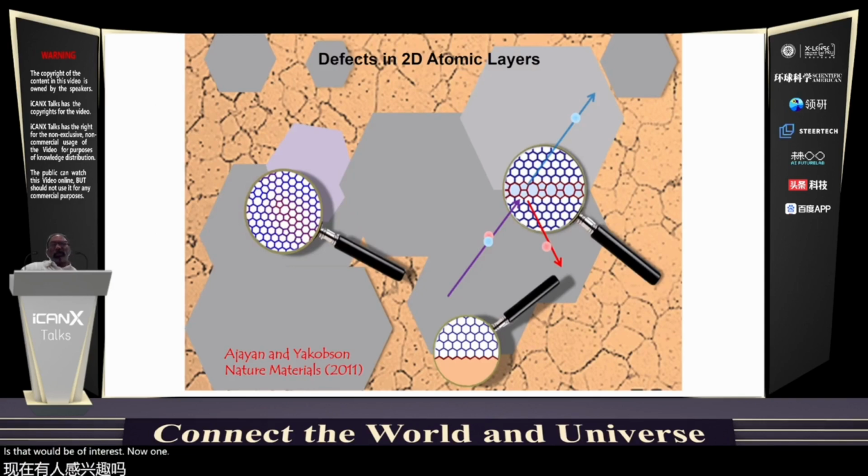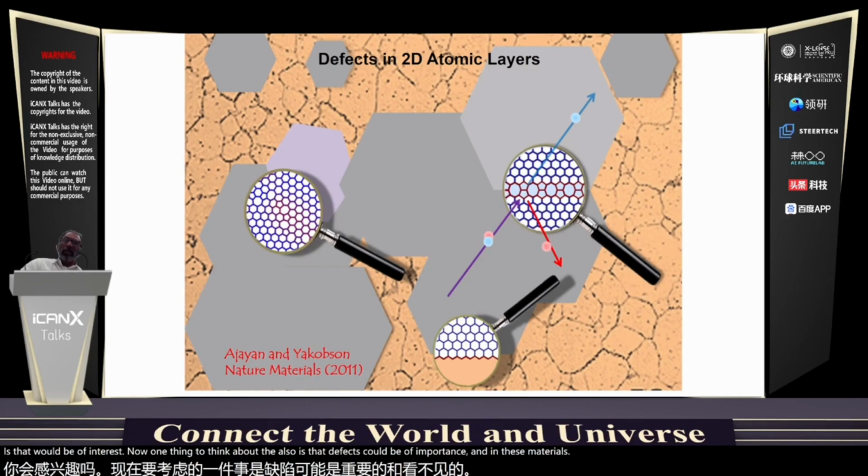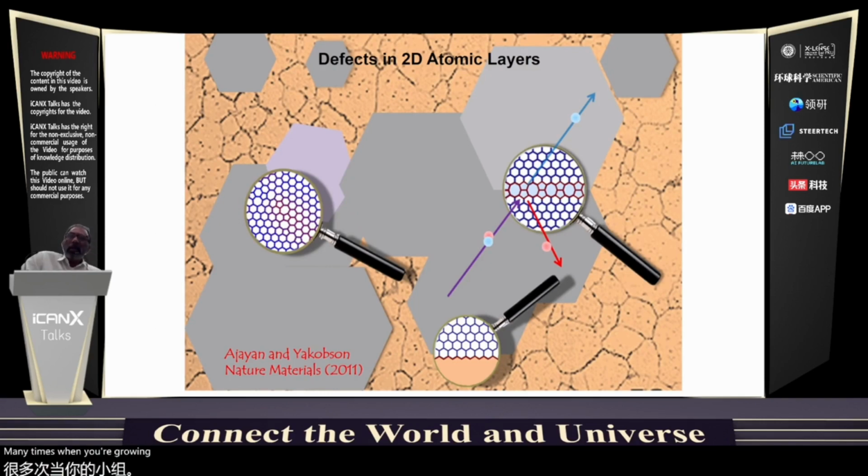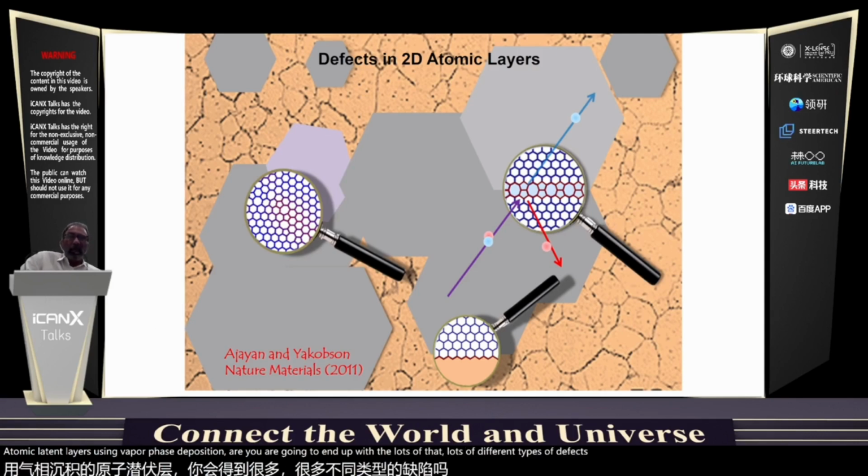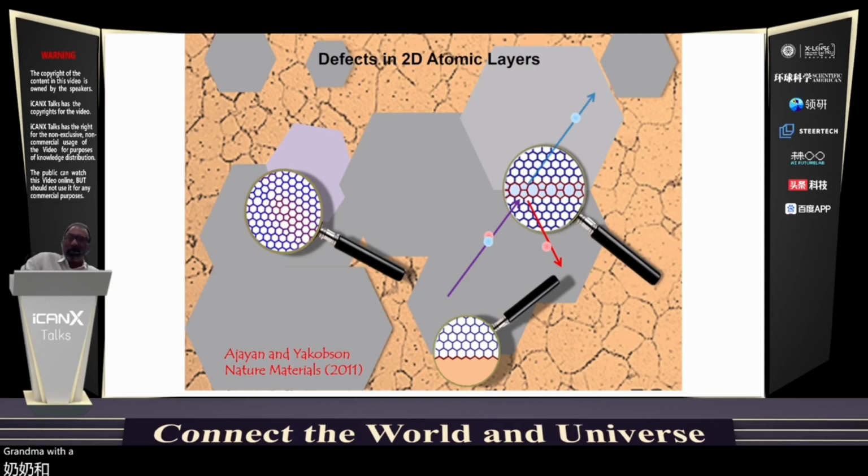Now, one thing to think about also is that defects could be of importance in these materials. Many times when you're growing atomically thin layers using vapor phase deposition, you are going to end up with lots of different types of defects, grain boundaries, point defects, all kinds of defects.